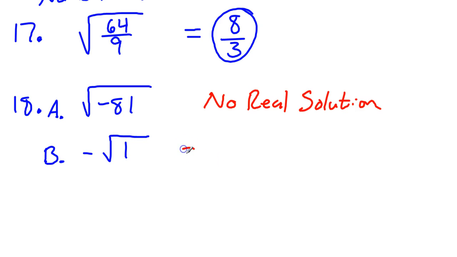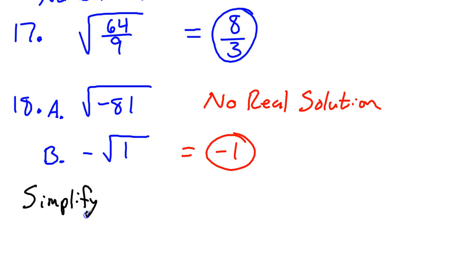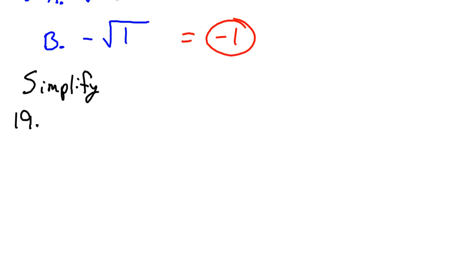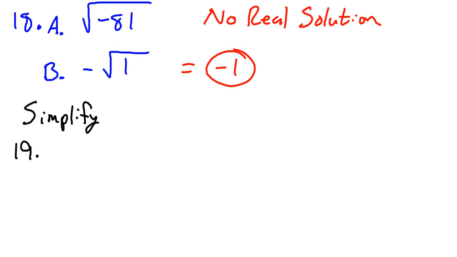Square root of 1 is just 1. Put the negative in front, so that one is negative 1. Okay, so those three with the square roots, again, they're looking for one answer, and they should tell you to find the real value. They don't do anything with the pluses or minuses there, so it's pretty straightforward.